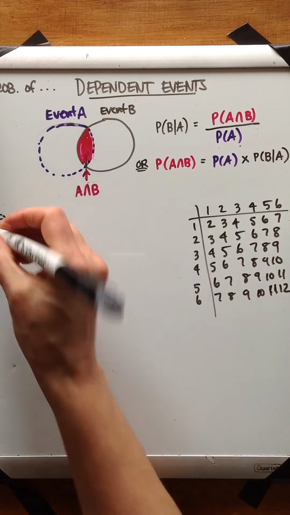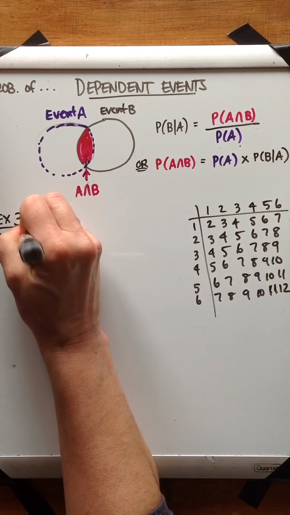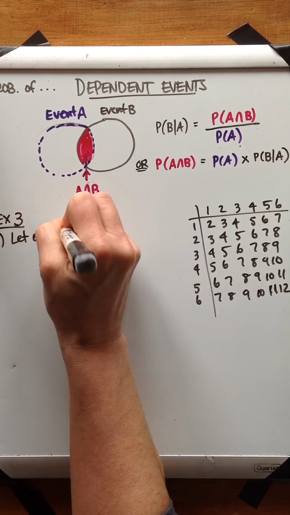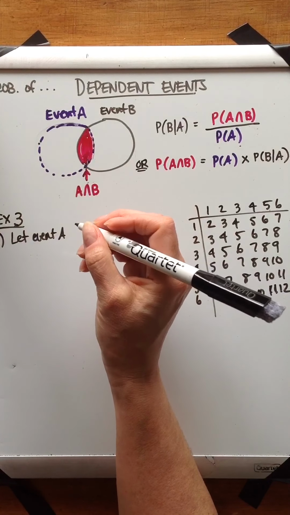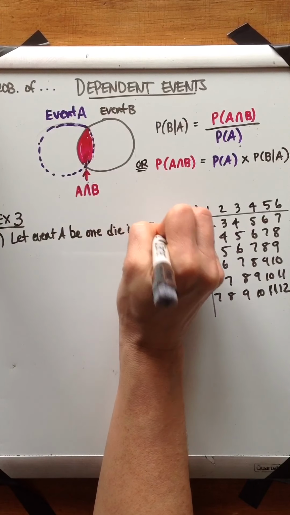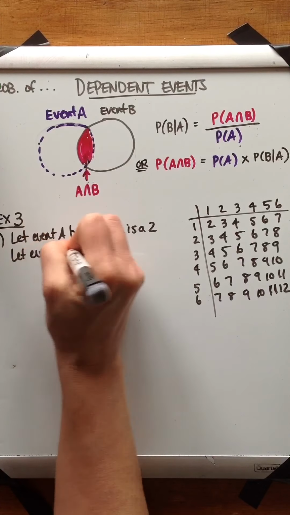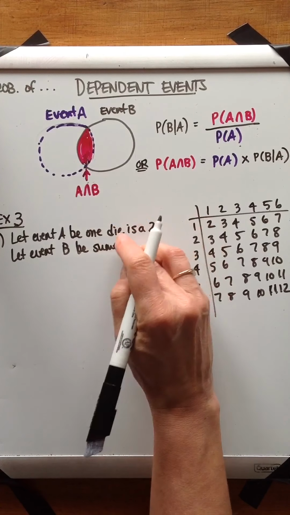And let's begin this part by defining our 2 events. So we're going to let event A be that one of the dice has to be a 2. And we'll let event B be a sum less than 6.